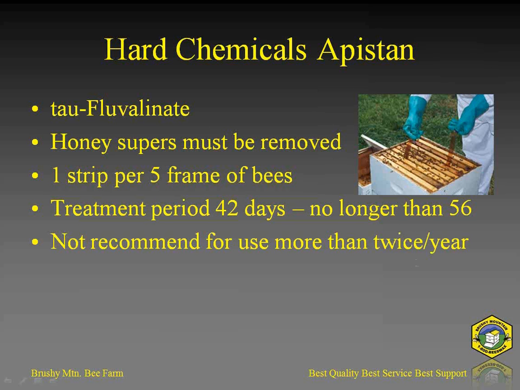What do you know about Crisco patties for tracheal mites? Basically, you mix up some sugar with a little bit of Crisco, and what happens is the oil covers up the bees and interferes with the mite's ability to move from bee to bee and get into the tracheal pores of the bee, because they like to go after the young bees.